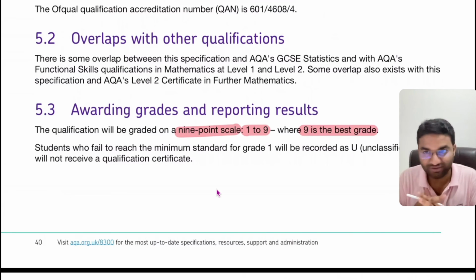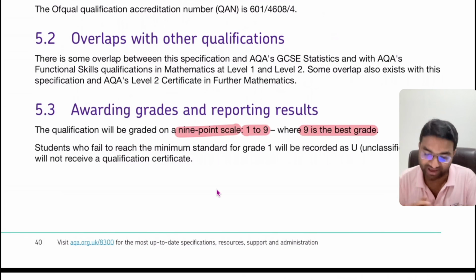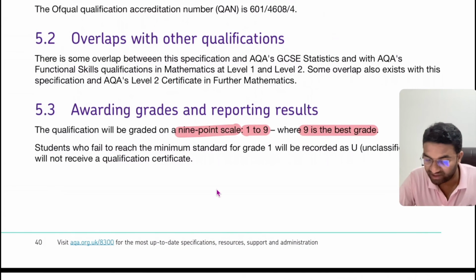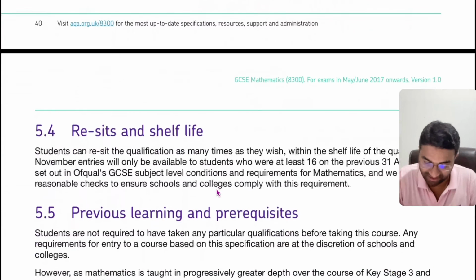We work continuously for students to get the best out of them. A student who fails to reach the minimum standard for grade 1 will be recorded as a U, unclassified, and will not receive the qualification certificate. So you have to work hard to get the best out of yourself.